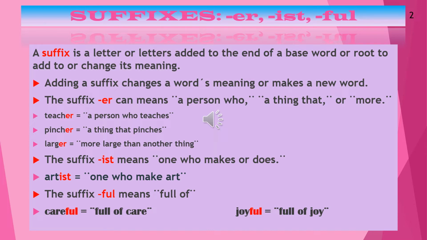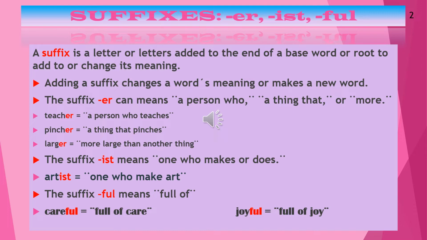Okay, now let's do a fast review of the last 2 weeks. We were talking about prefixes, and now we changed the subject to suffixes. A prefix is a letter or letters added to the beginning of a base word. That's the definition of a prefix.